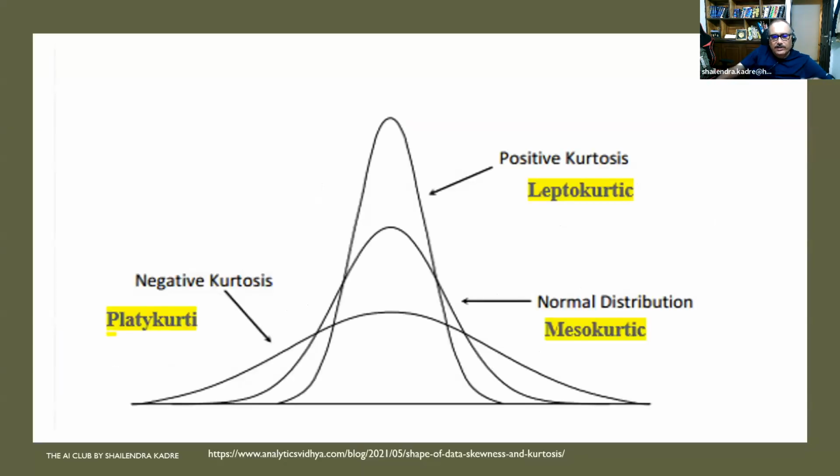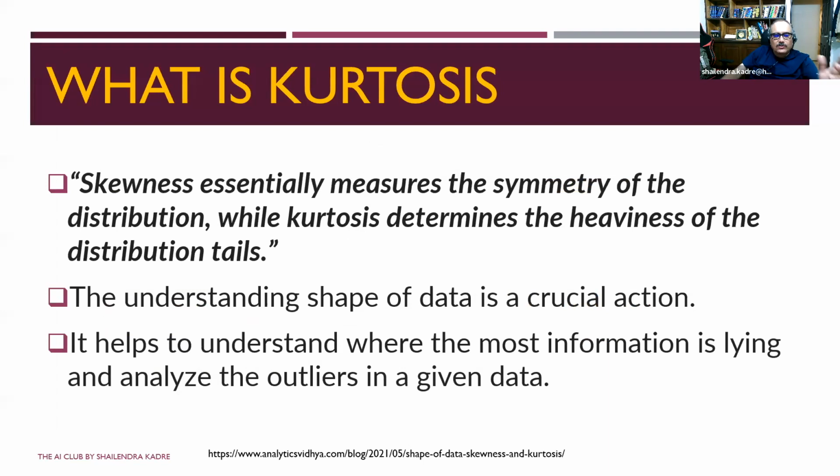Negative kurtosis means the tails are longer, so the tails are heavy and the curve is flat. Positive kurtosis means the tails are not heavy and the peak is very sharp. If the tail is very heavy, the curve is flat, and that is negative kurtosis. So you got it now, what kurtosis measures.